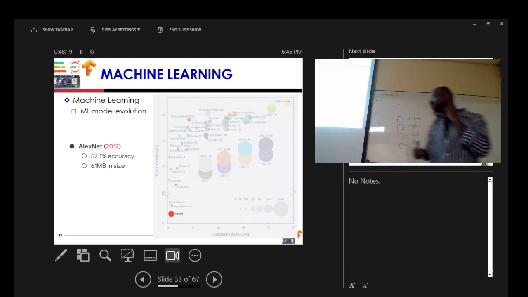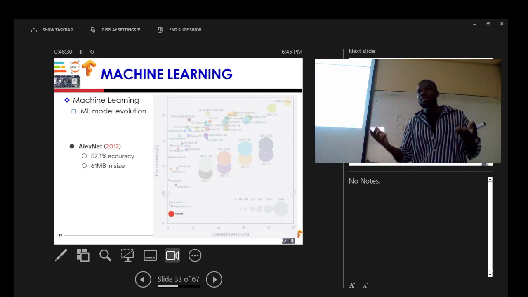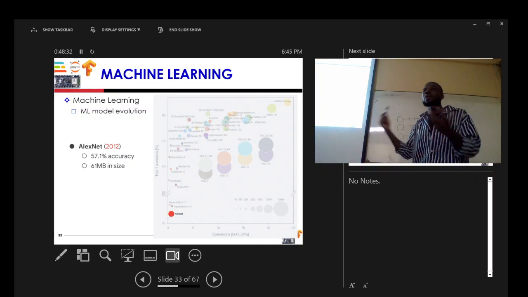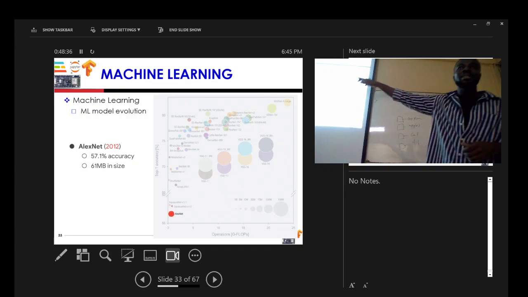So as I said, they created these folders, and then they said design an algorithm that will classify the airplanes and apples accurately. So how accurate can your algorithm be? People designed so many algorithms, and the algorithm that won that competition was AlexNet in 2012.